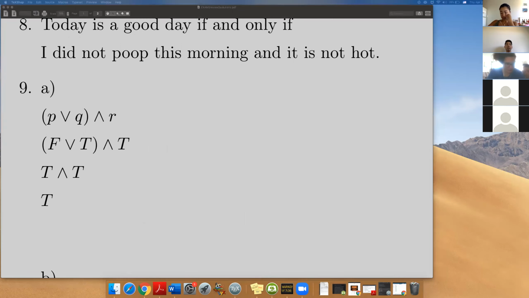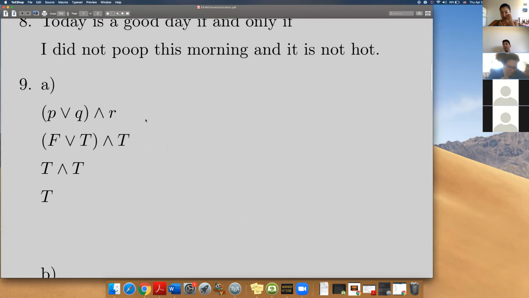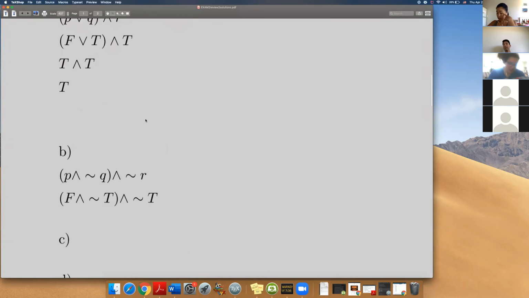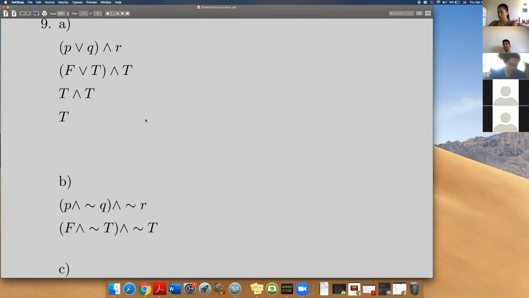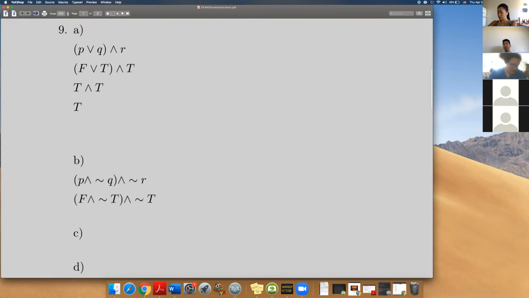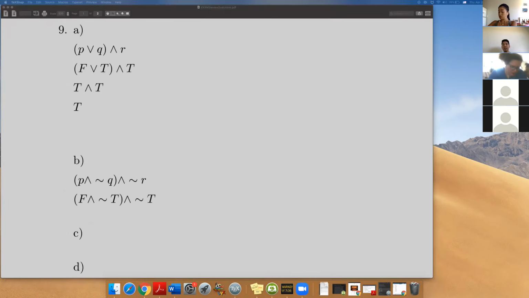And then part B, same thing. Start with my question and replace it with the truth values. I'll leave the answer for part A there. And then next, within the parentheses, the first thing that should happen is the negation.